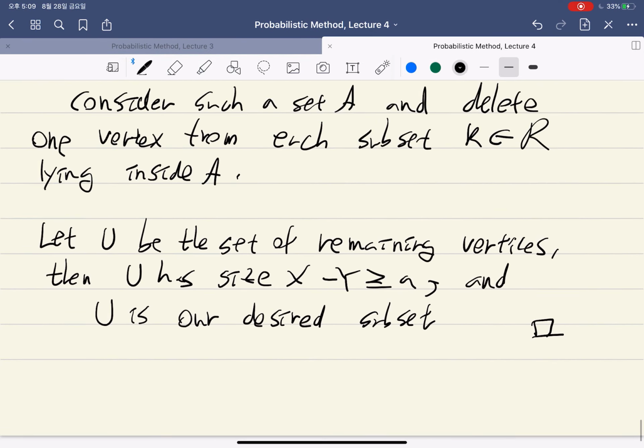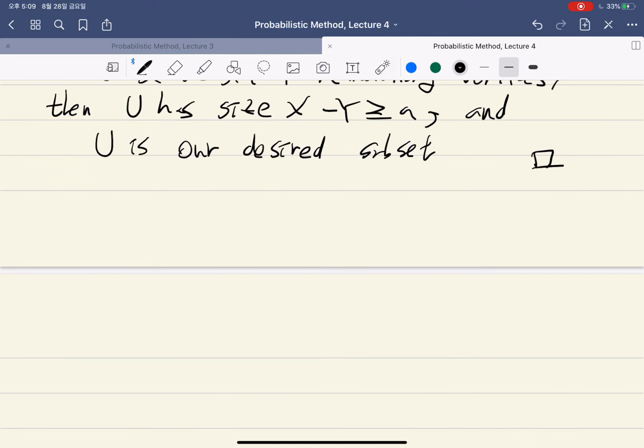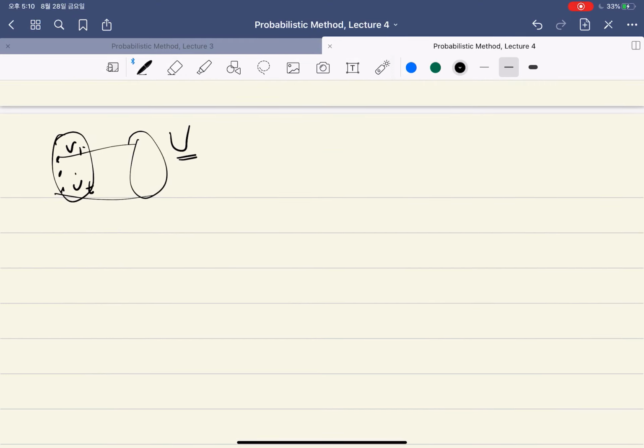So here, how did we choose U? We choose some other thing we want to be T, and then that gives us some set U. So this U actually depends on another choice. So we choose this U in a dependent way.